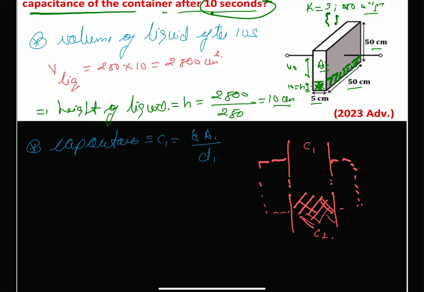C1 will be equal to epsilon naught, 9 into 10 to the power minus 12, and area, as height is 40, comes as 0.40, multiplied by the width 0.50, and D1 is 5 into 10 to the power minus 2.